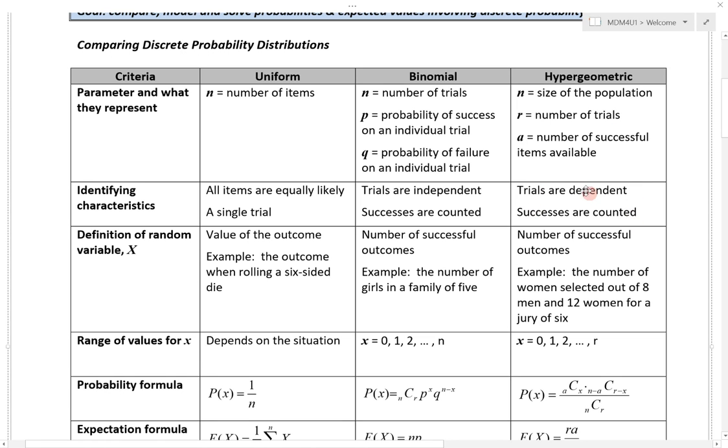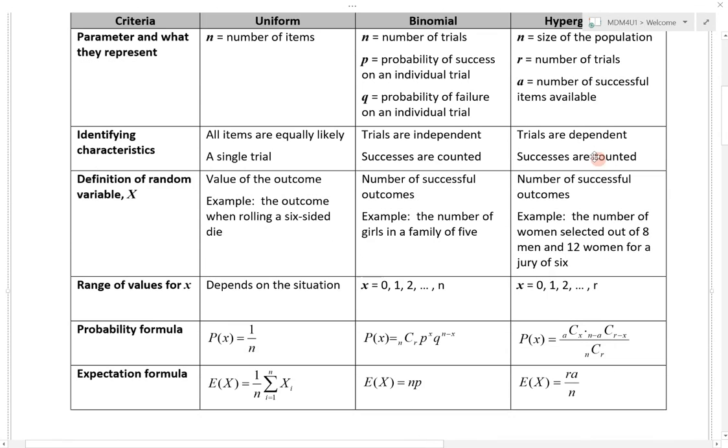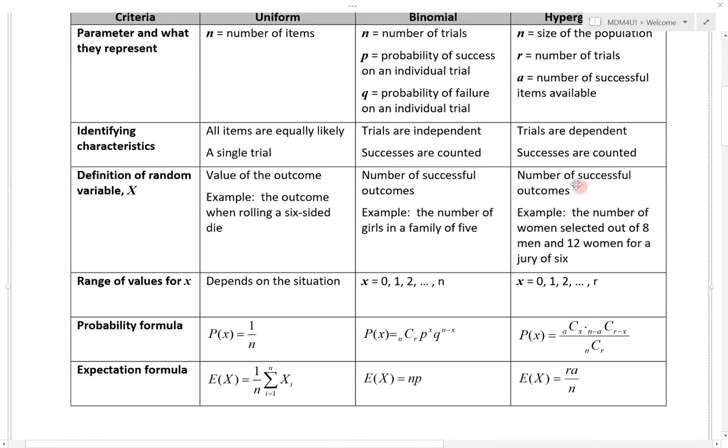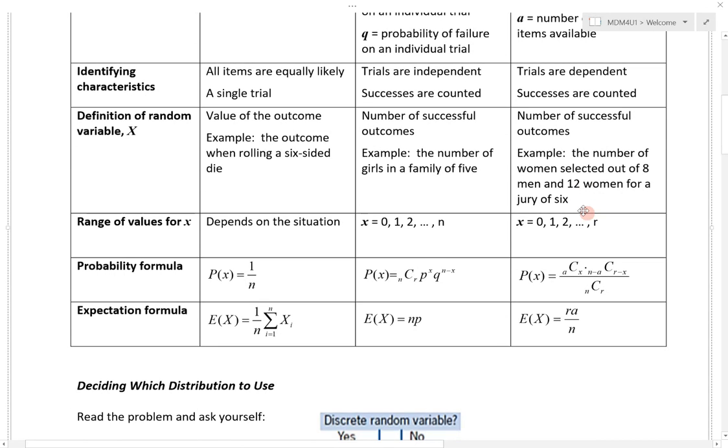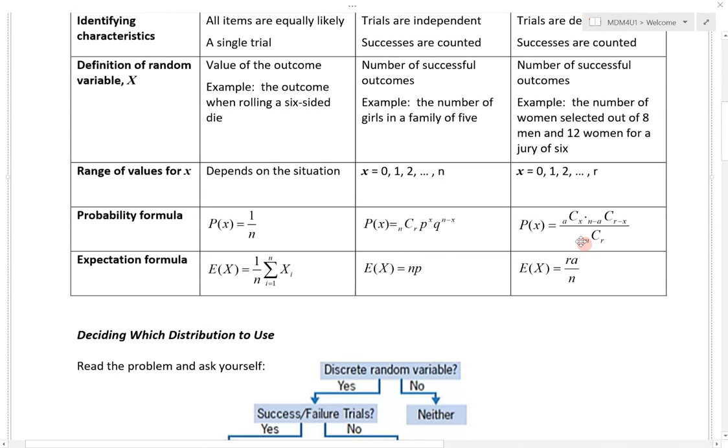Trials are dependent, meaning that if you conduct a trial, it will affect the probabilities of the next trial that you do. X is the number of successful outcomes, with a value from 0 all the way through R, the number of trials. It also has its own probability formula as well as its own expected value formula.